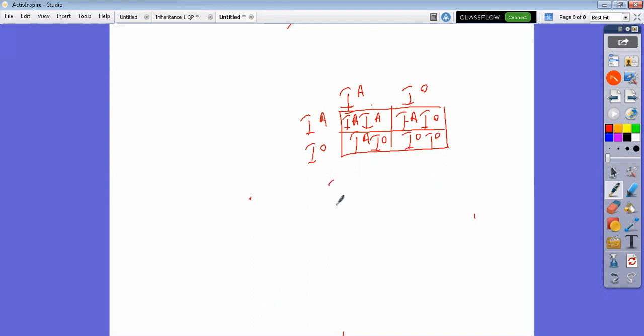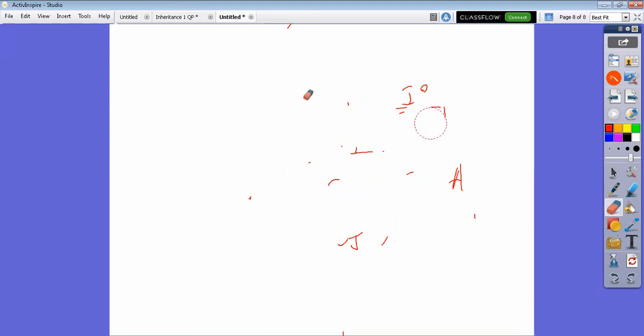So this is 75% A and 25% blood group O. Is that clear? Yes, sir. Okay, well, you have to play around, especially in multiple choice questions.